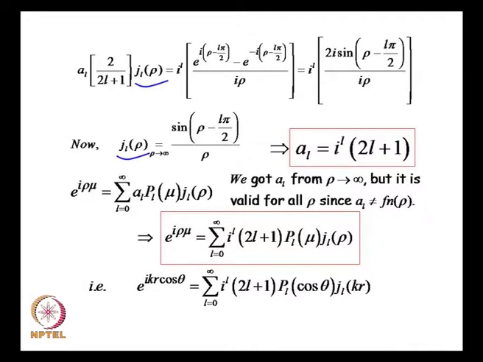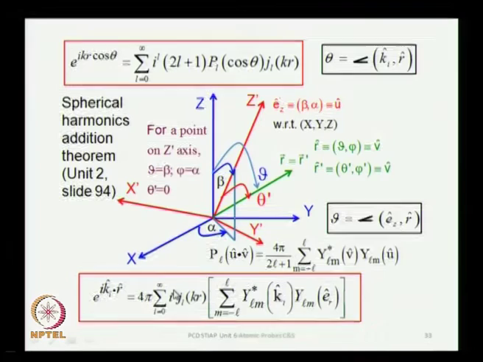You can write it in terms of k, r and cosine theta, and I will now make use of the addition theorem for spherical harmonics, which we did in unit 2, okay, because this allows us to write this Legendre polynomial PL cos theta. This is the spherical harmonics addition theorem, which we have already discussed in unit 2.